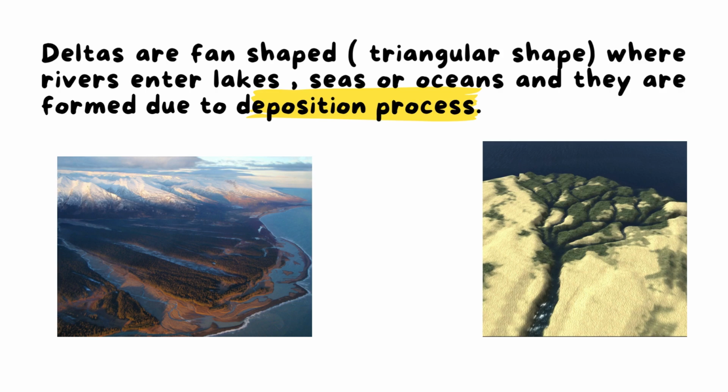When the river meets a large water body like lakes or seas or oceans, the sediments, which we call silt, will deposit or settle down in this place, forming deltas. So they are formed by deposition. Now we know canyons and valleys are formed by the erosion process, and deltas are formed by the deposition process.